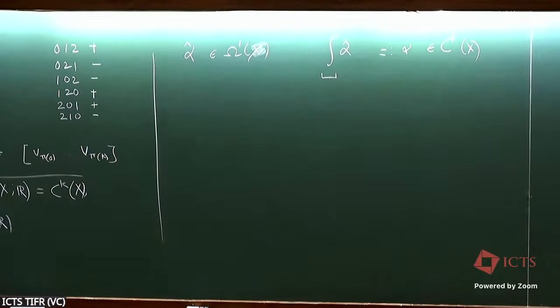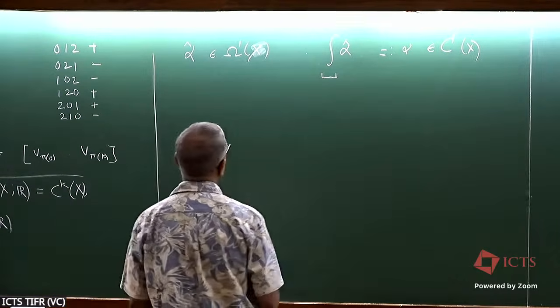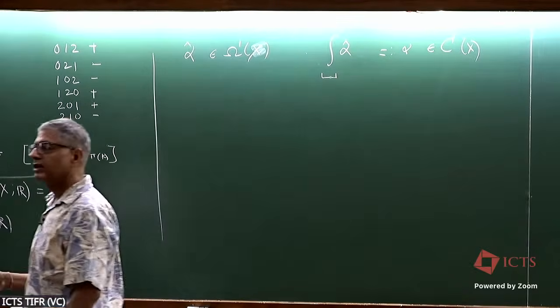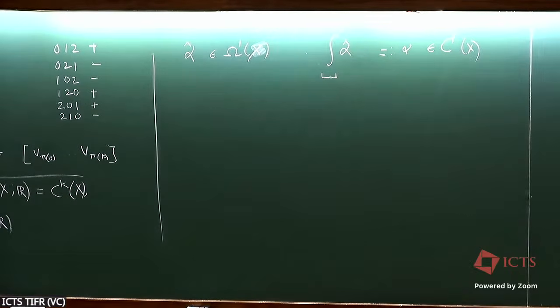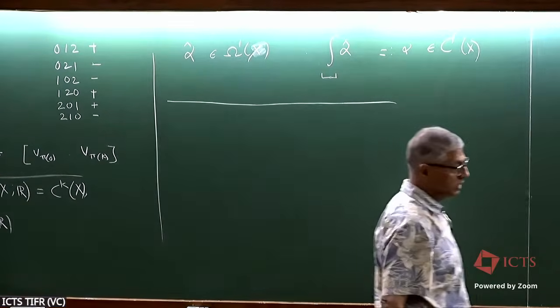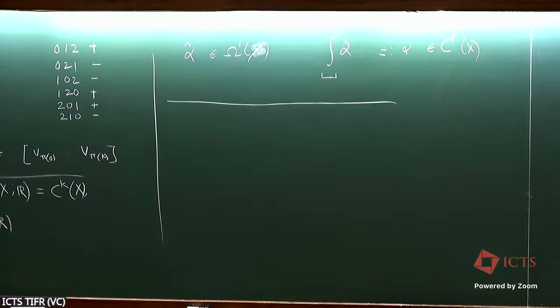If I change the orientation of an edge, I get a negative sign. So basically, one cochains take numbers on edges, zero cochains take numbers on vertices, two cochains take numbers on triangles. That's all.